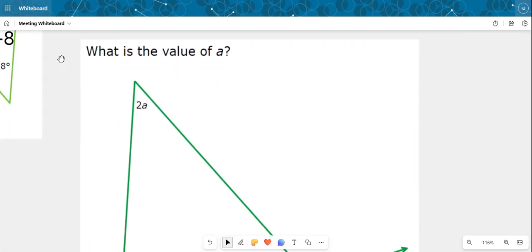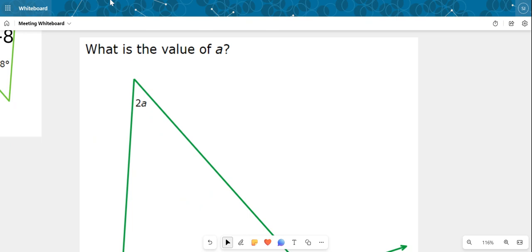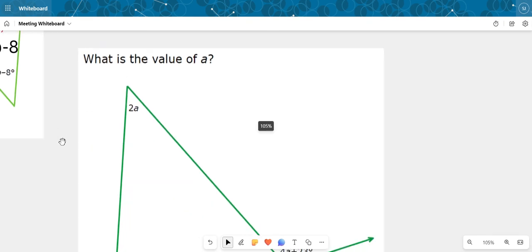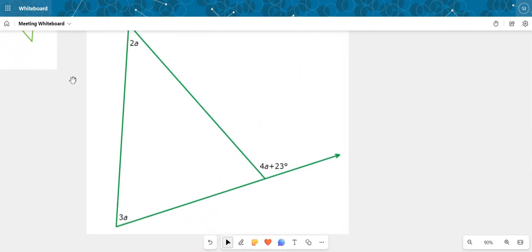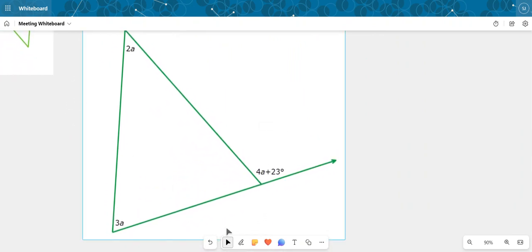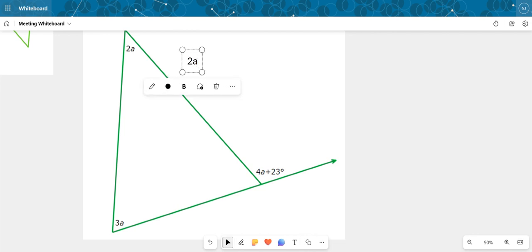Let's do one more from IXL. We want to know what the value of A is going to be in our problem here. Well, let's just set up our problem. We're going to add the two angles, the two remote interior angles. 2A plus 3A.